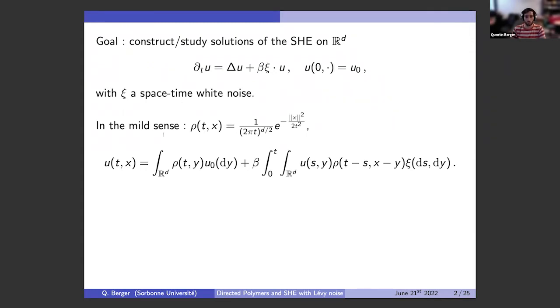And we say that a function, or field, u satisfies the stochastic heat equation if it verifies the integrated version of the first equation that I wrote above.